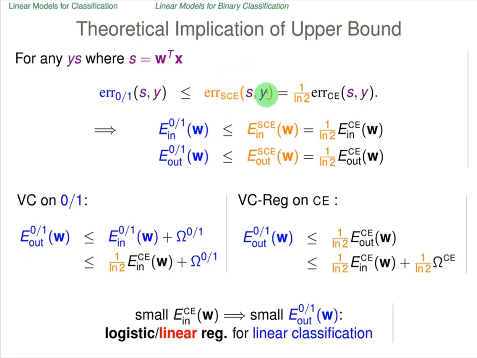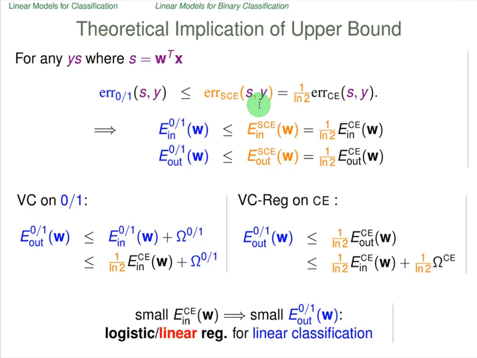So if you get the weights by minimizing the scaled cross entropy, can we use the same weights in minimizing the 0-1 error function? We can see the following relation. The in-sample 0-1 error we use for linear classification has the following relation with the cross entropy. And we can hope that the out-of-sample 0-1 error will be upper bounded by the scaled cross entropy out-of-sample error function.